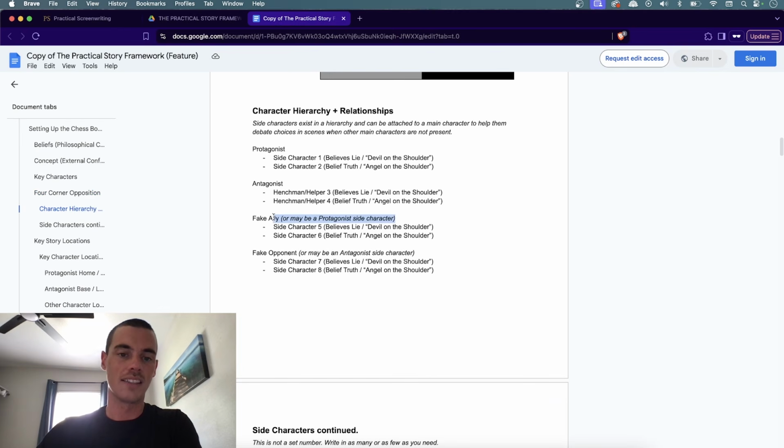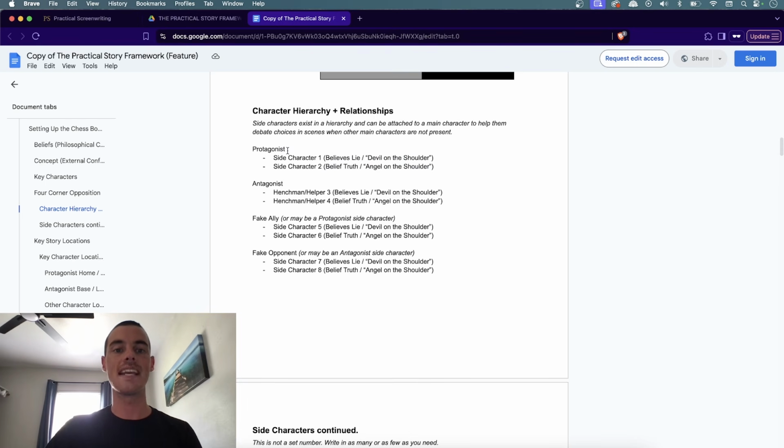Also, I've just mentioned that the fake ally and the fake opponent can also be side characters for these two main characters. It just depends on what kind of story that you're building. But the idea too is to separate out these side characters into being the devil on the shoulder or the angel on the shoulder, right?